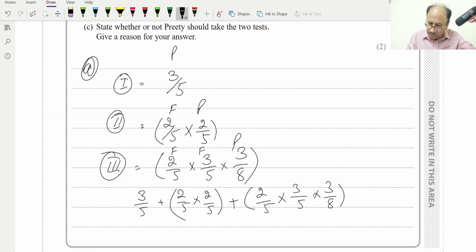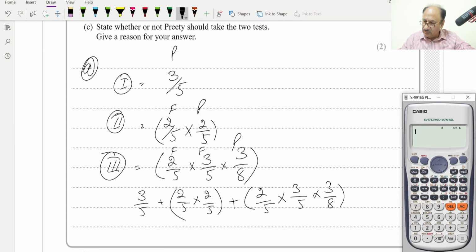Using the calculator gives us the answer: 3 over 5, plus, in brackets, 2 over 5 multiplied by 2 over 5, plus the third attempt, 2 over 5 multiplied by 3 over 5 multiplied by 3 over 8, and this will be 17 over 20.